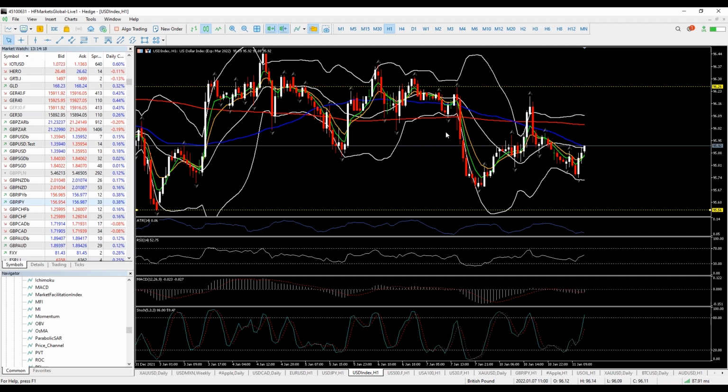Now, this was one example, but the mean of every asset can be represented in other ways as well. A simple moving average can also represent the average price of the asset.